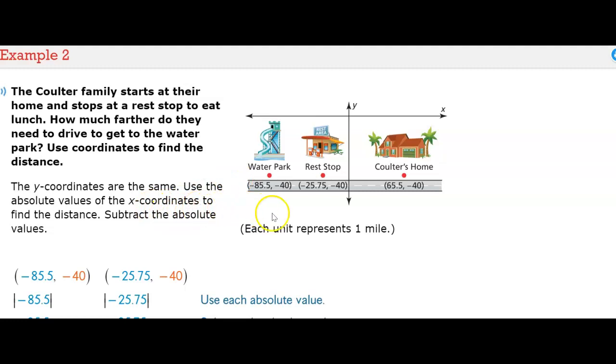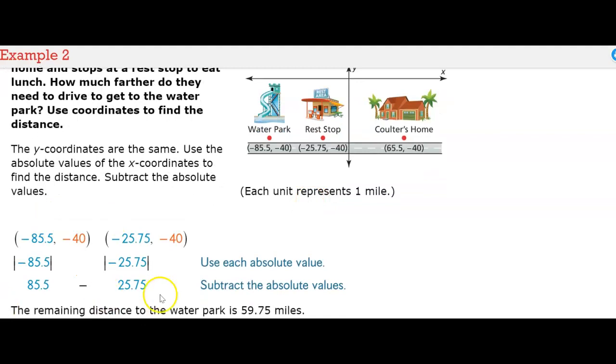So we're going to use the absolute value for the x-coordinates. So we look at negative 85 and 5/10 and negative 25 and 75 hundredths. The absolute value would just be the positive version of each, subtract them, and then that gives you the remaining distance. So that would be 59 and 75 hundredths.